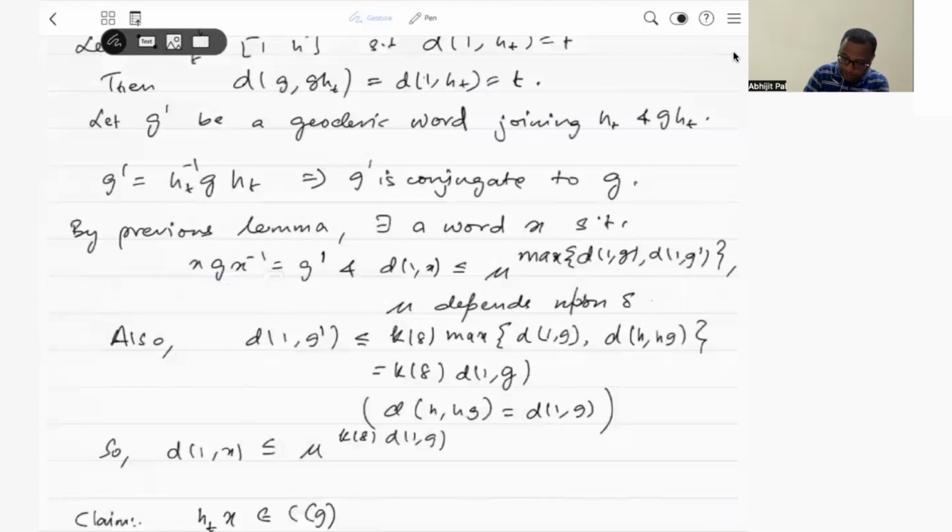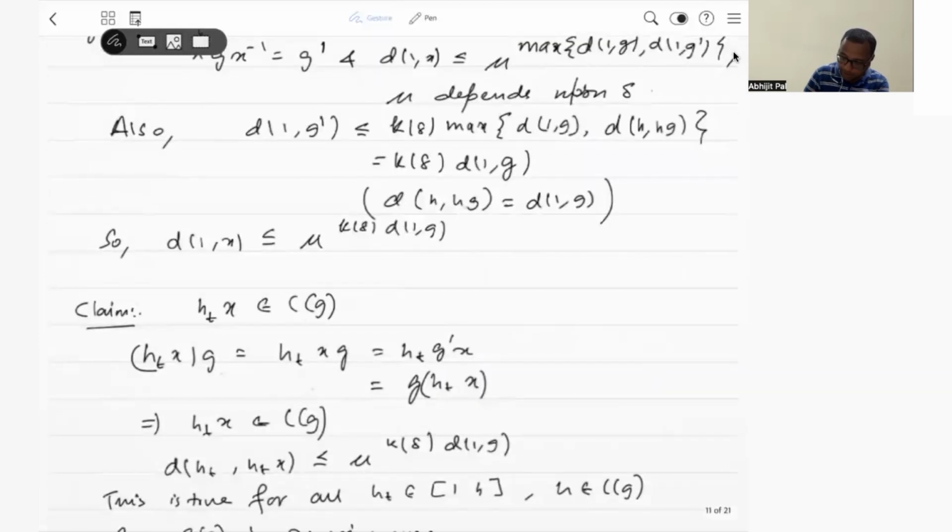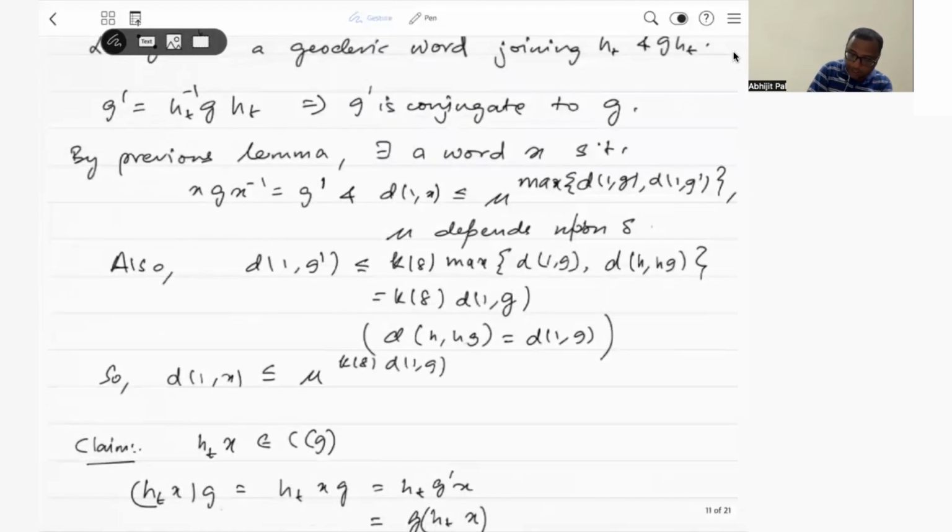So we put this thing here: h_t x g is equal to h_t g' x, and h_t g' is again equal to g h_t, because g' is equal to h_t inverse g h_t.